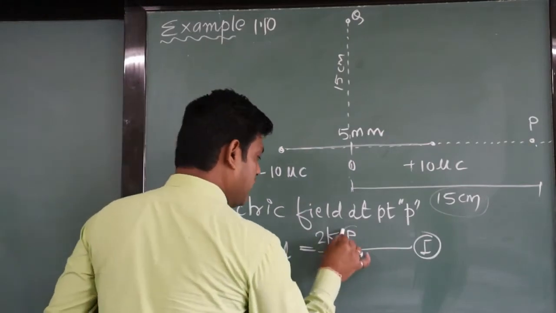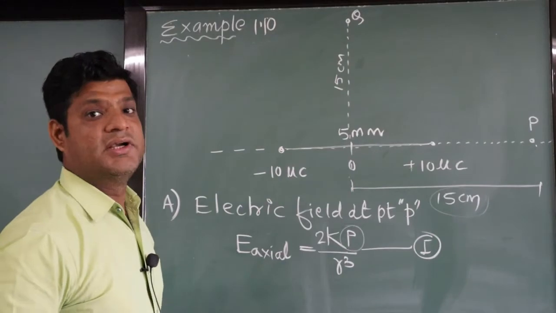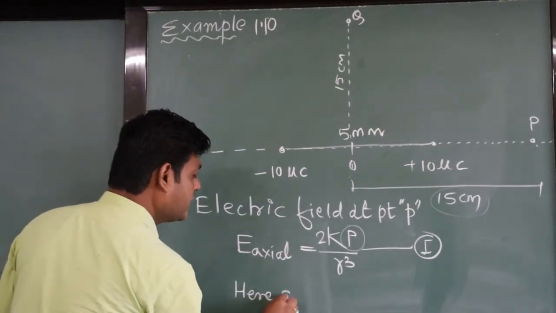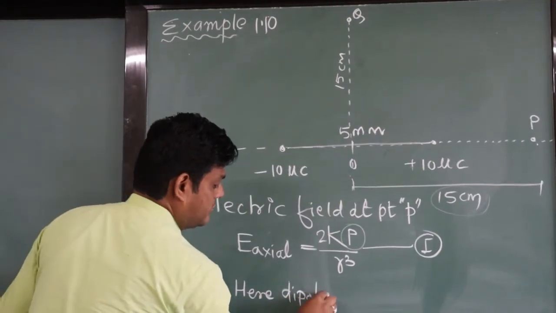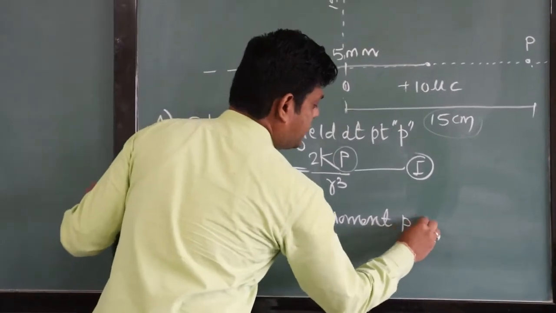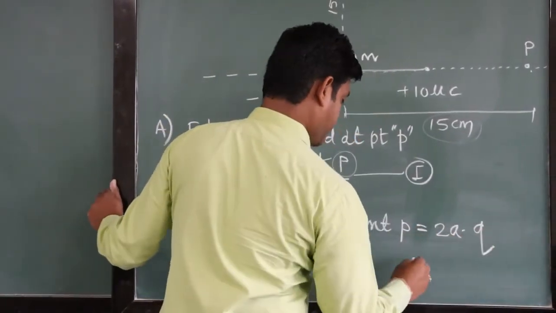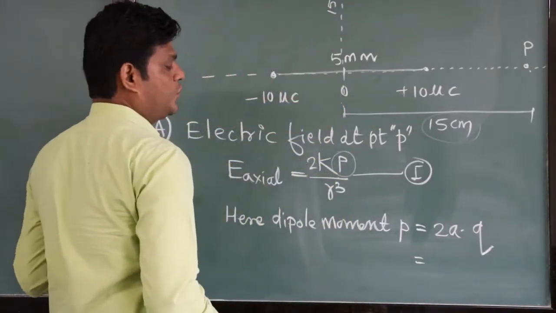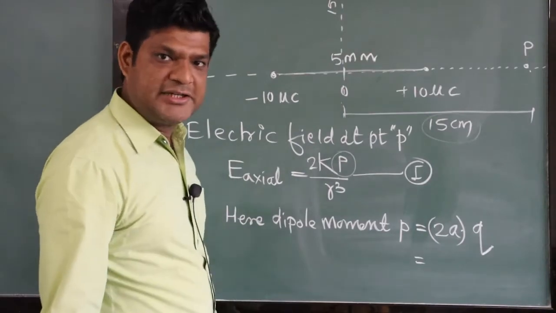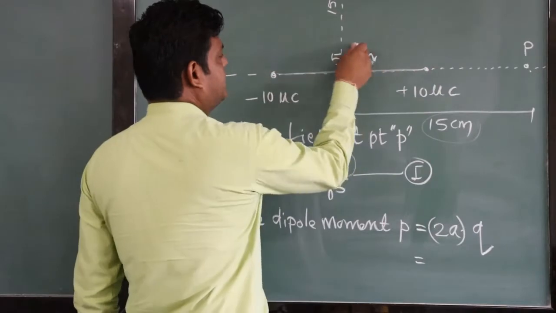We do not know the value of p. So first of all we are going to calculate the dipole moment here. Dipole moment, p equal to 2a into q. Put the value. 2a is the separation between the plus q charge and the minus q charge. What is the separation between the two charges? That is 5 mm.